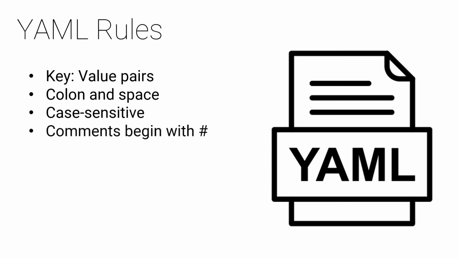Comments begin with a hash, octothorpe, #, whatever you want to call that symbol. And tabs are forbidden in YAML. You must use spaces. There are many resources available online to help you with intricacies of YAML. Feel free to take a look at those to learn more about YAML.